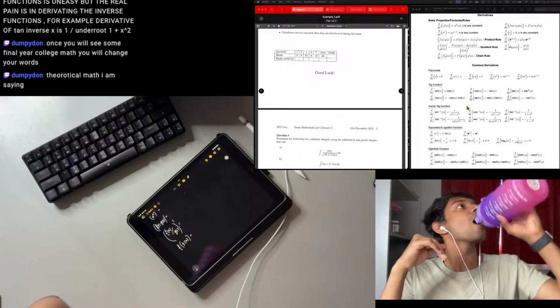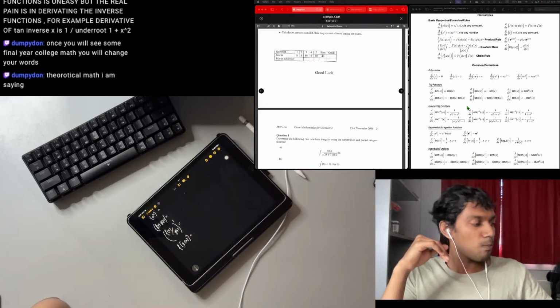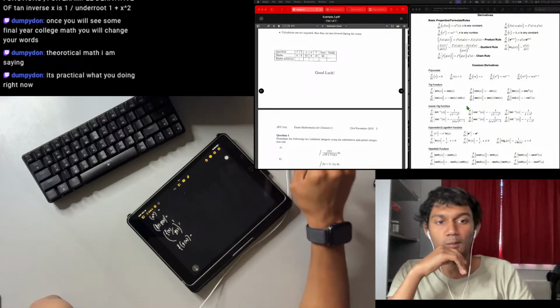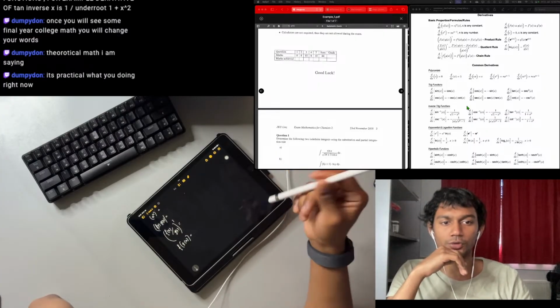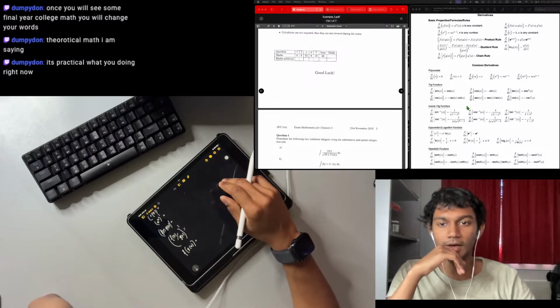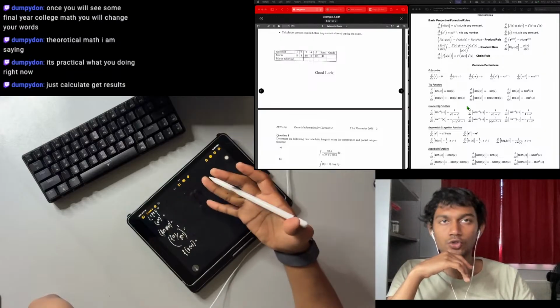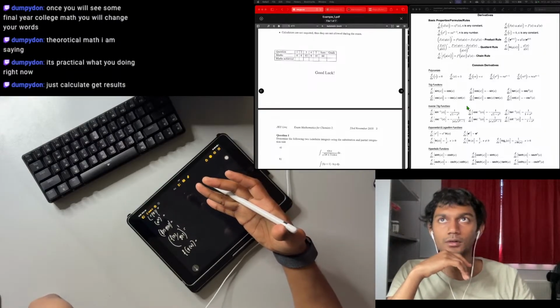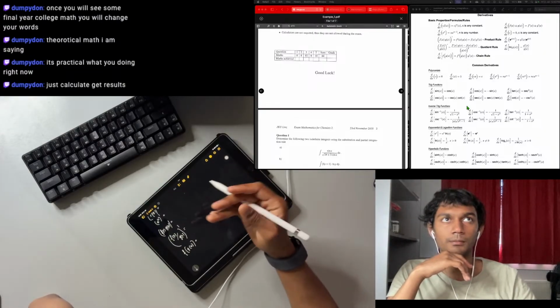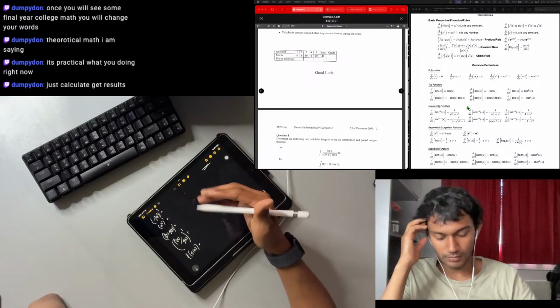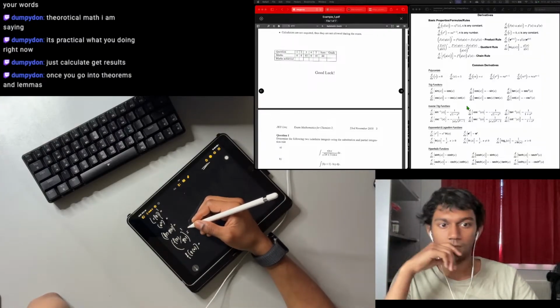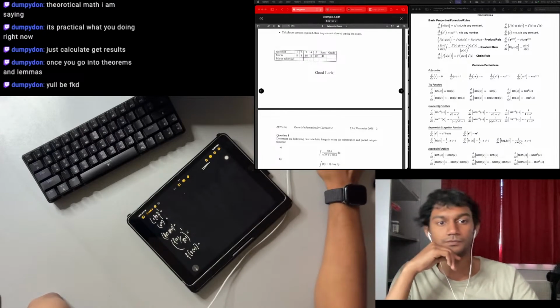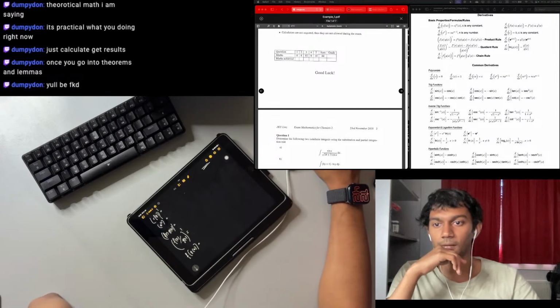Yep, it's practical what you're doing right now. Okay, I mean this is like school year math formula. It's not high level math. It's like basic math. You'll be fucked. Okay.